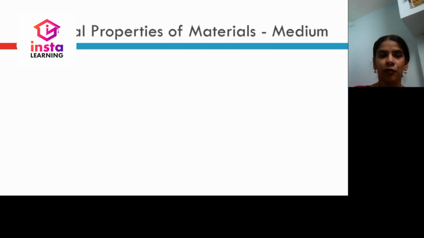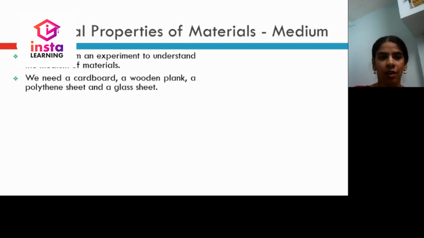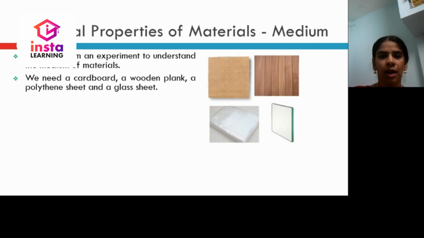Let us learn about the physical properties of materials, the medium. Let us perform an experiment to understand the medium of materials. We need a cardboard, a wooden plank, a polythene sheet and a glass sheet.